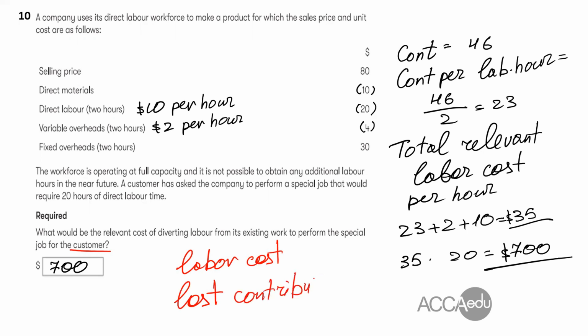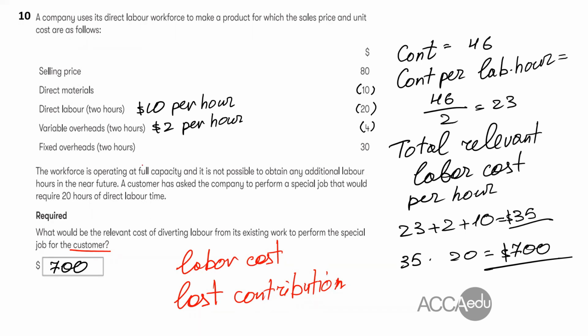So for the new project, how much should we pay for the labor? And then how much are we losing, because they are not producing what they used to do before this project?